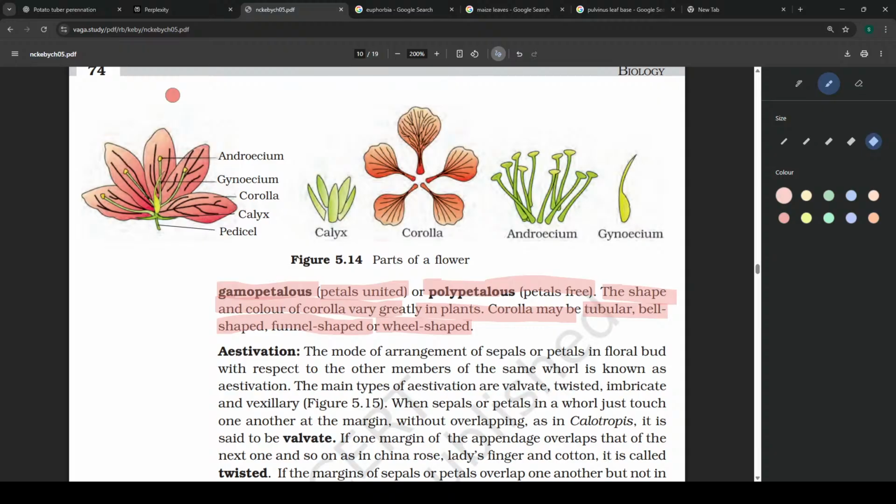In polypetalous, they are free, and the shape and color variation is very high. There are many varieties of flowers and petal shapes. These are the parts of a flower. This is the pedicel, the stalk, calyx, corolla, gynoecium, androecium. Calyx, corolla, androecium, the stamen, and gynoecium, the ovary, stigma, and style.